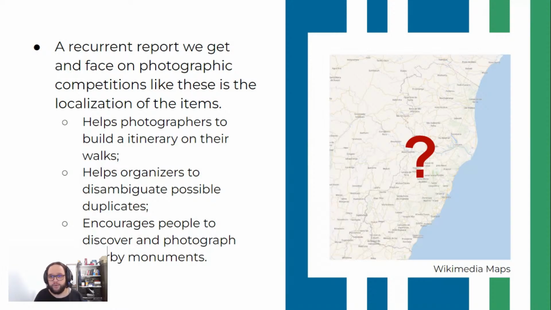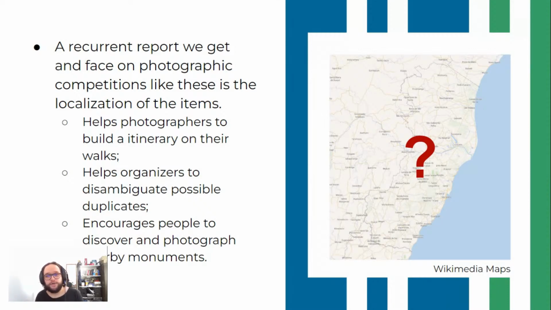We have a list of monuments, or a list of cultural heritage items, that don't have coordinates, and it would be so precious for us to have these coordinates in order to, for example, organize a photograph walk. So people can organize this kind of smaller event to photograph, make an itinerary on their walks to photograph these monuments that don't have images, for example, or have only one image on Wikimedia Commons.